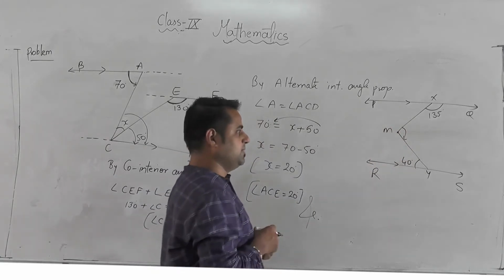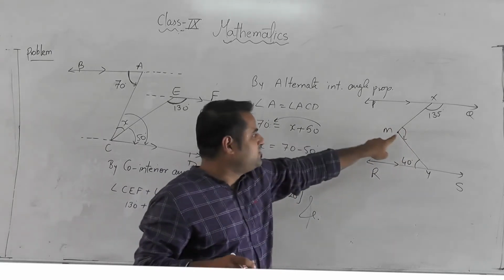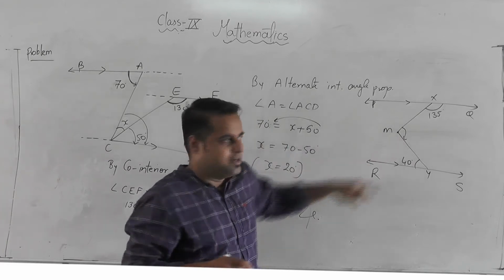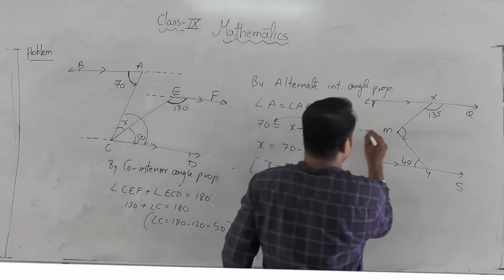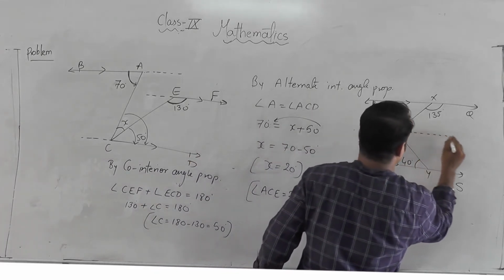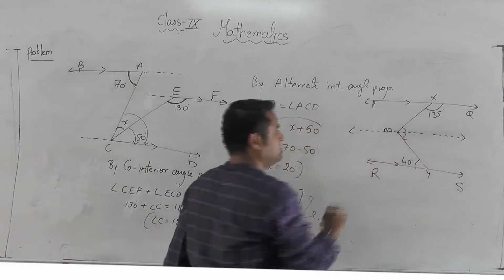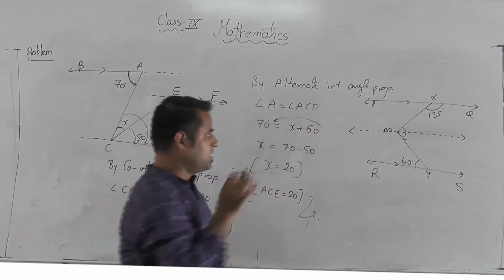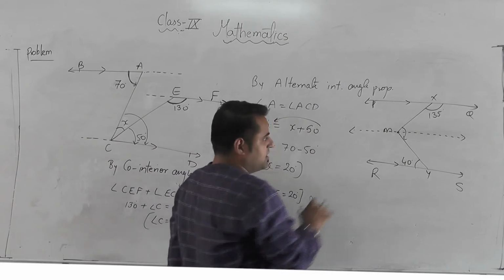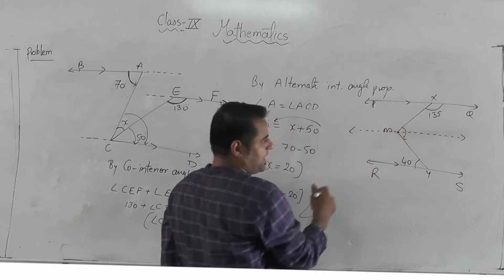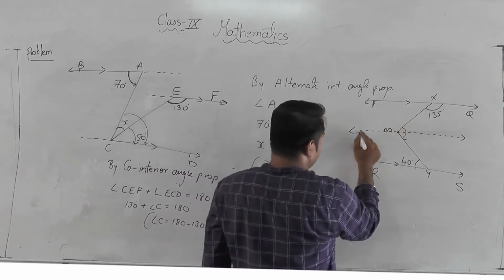So what we are doing here is, at that point, we'll draw another line like this. Now all these three lines are parallel. The first line I will name JK.